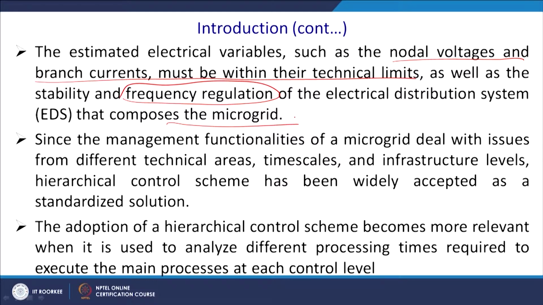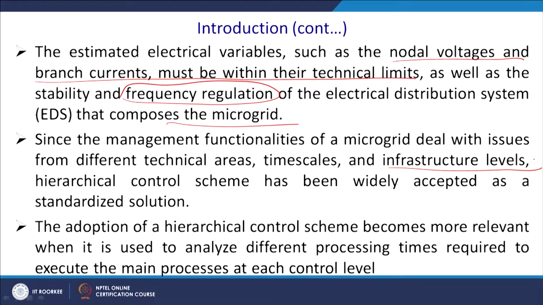Since the management functionalities of the microgrids deal with issues of different technical areas, time scales and also infrastructure levels, you may have a time scale that has to be sustained for 1 hour, and it may be 6 hours somewhere, and also different kinds of infrastructure.